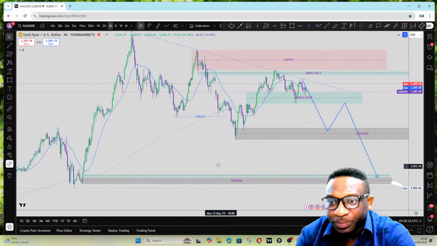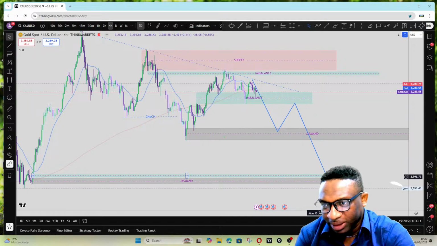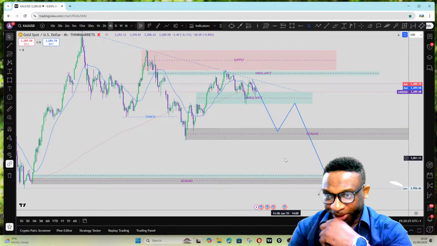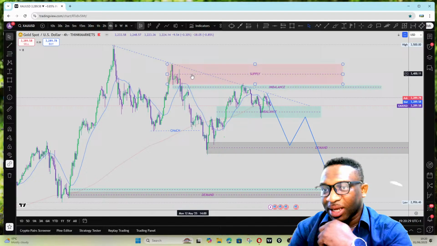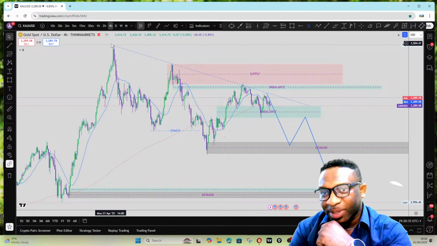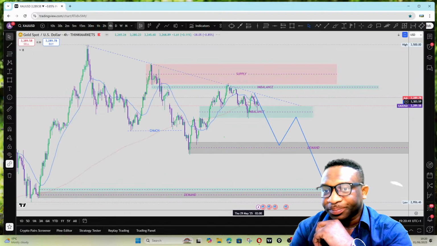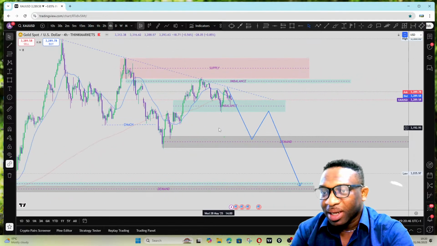Hoping this week this could give us some cool pips. As we can see, price is giving us lower lows as it's making its way down, at the same time respecting this area of the trend line that I've put in here. So let's be on watch out for this as the market opens.